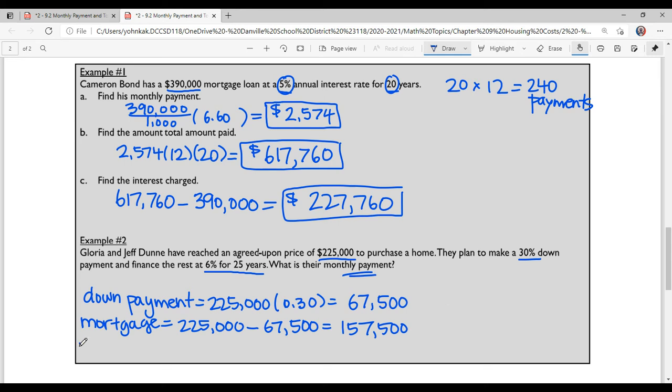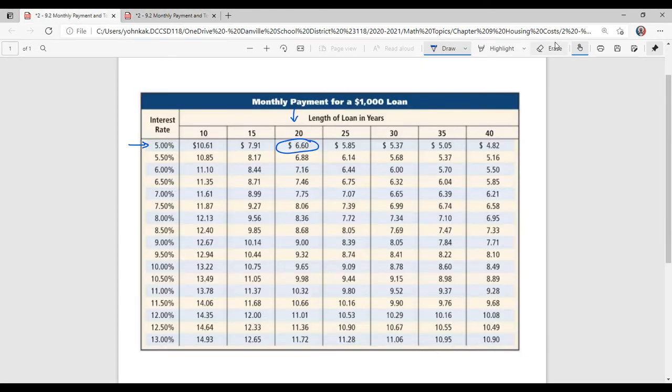And then finally, to find the monthly payment, you're going to take the amount of the mortgage, $157,500, divide by 1,000, because that's what the formula says, and then multiply by the table value. So I need 6% for 25 years. 6%, 25 years is 6.44.